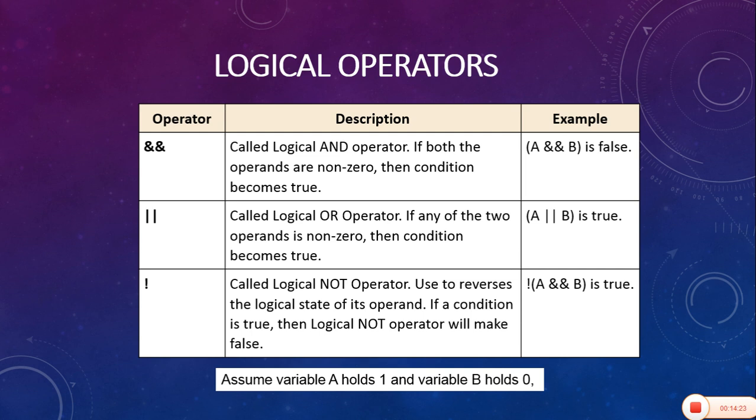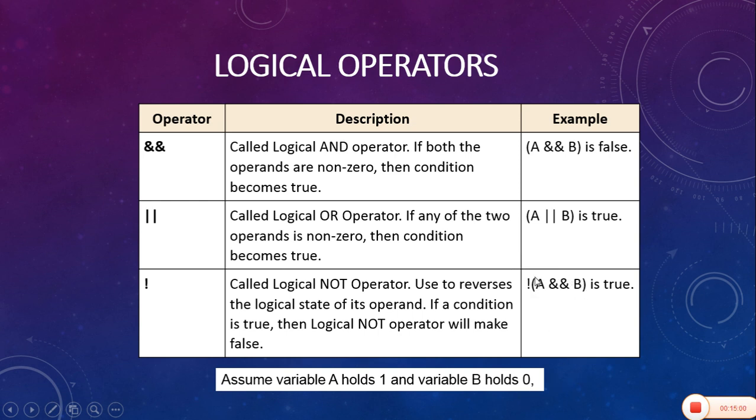The third one is the logical NOT operator, used to reverse the logical state of its operand. If a condition is true, then the logical NOT operator will make it false. Consider an example in which A AND B had a value of false, because we assumed that A holds a value of 1 while B holds a value of 0.